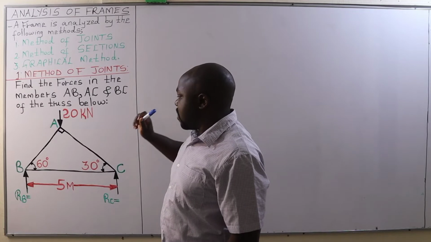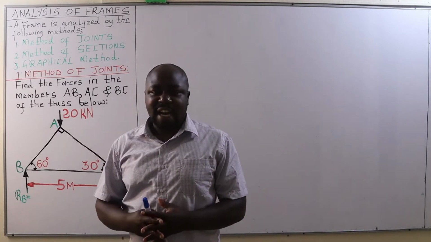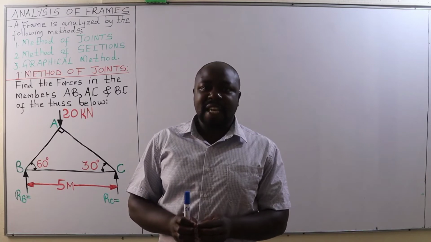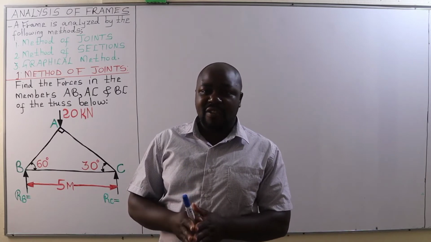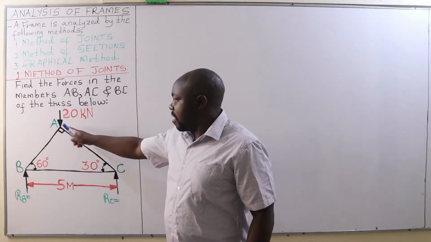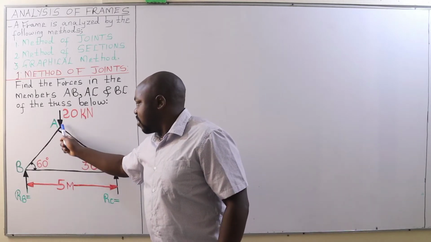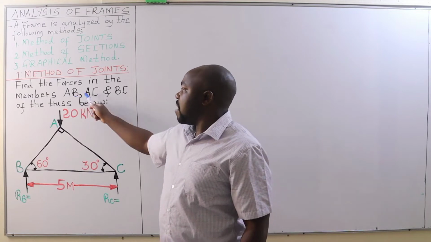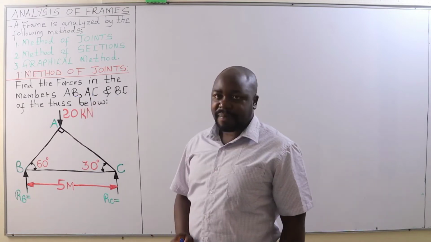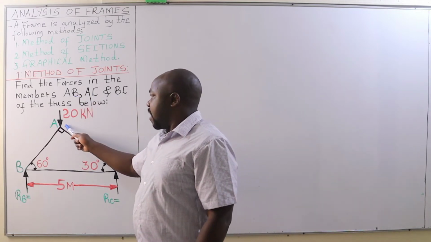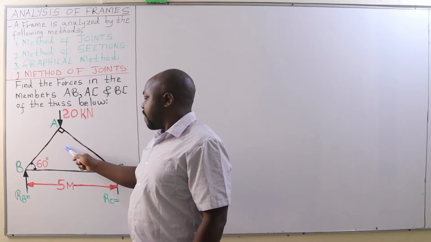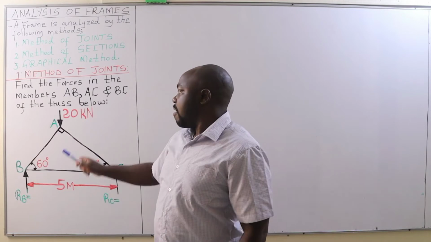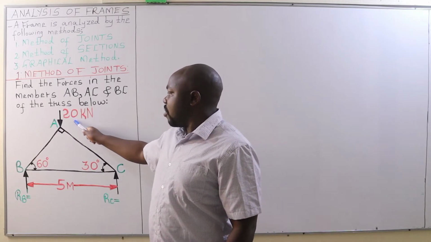Now, this truss is a simple truss, and we say that the simplest frame is a triangle with 3 joints, that is joint A, B, and C, and 3 members AB, AC, as well as BC. Now, at joint A, this frame is subjected to an external load of 20 kilonewtons.